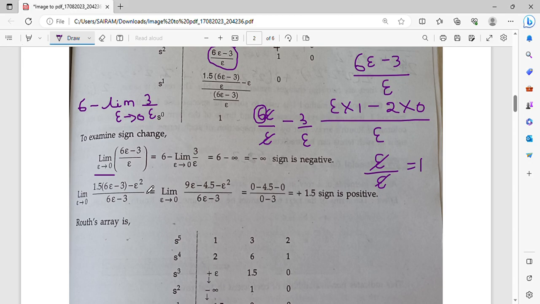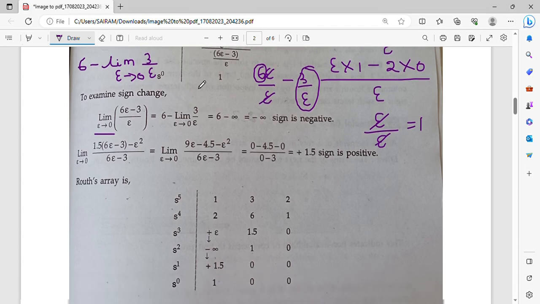So now only 3 by e remains, and only for that are you applying limits, because e and e cancel and you get 6, where 6 is a constant value. Therefore you shift 6 to the other side, put minus, and apply limits for 3 by e.